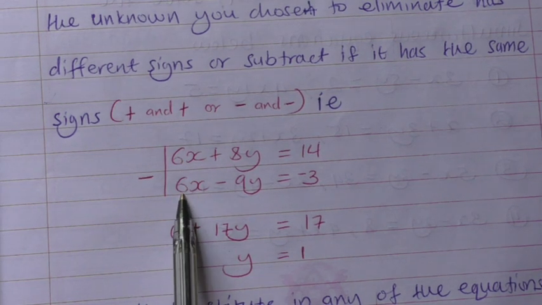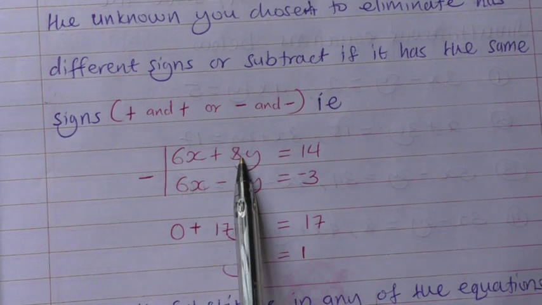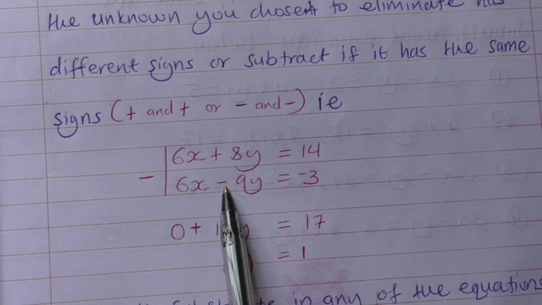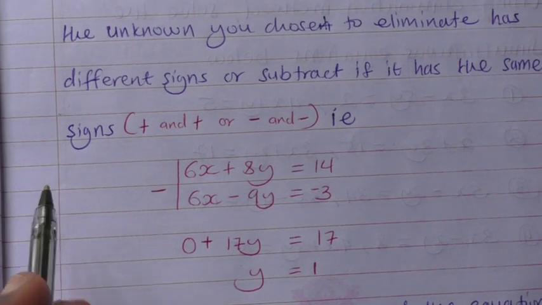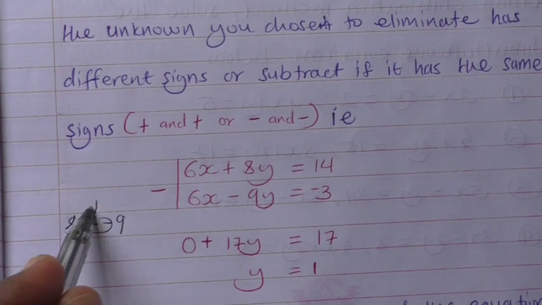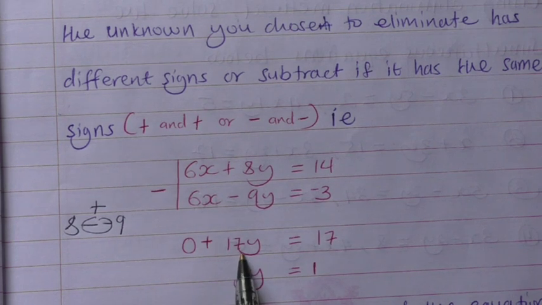6x minus 6x gives us 0. Then 8y minus negative 9y. This is 8 minus 9. The minus multiplies to give us a positive. So we end up with the 17y.